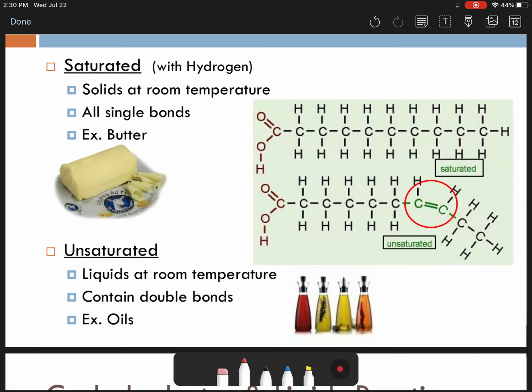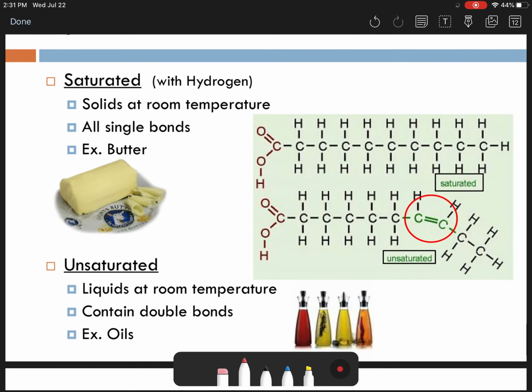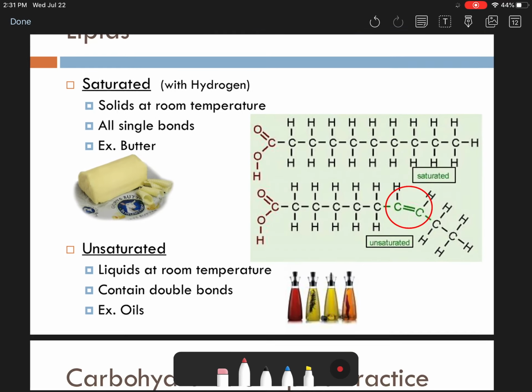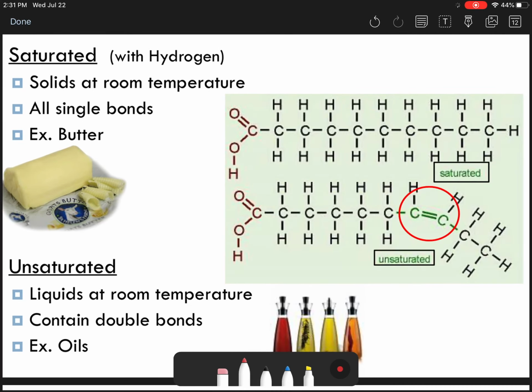Now we can break lipids, specifically the fats of lipids, into 2 different types: your saturated fats and your unsaturated fats. If something is saturated, it means it's totally coated with something. In this case, we're talking about a fat being saturated with hydrogen. If you look here, you can see all of these hydrogens attached to the carbons.